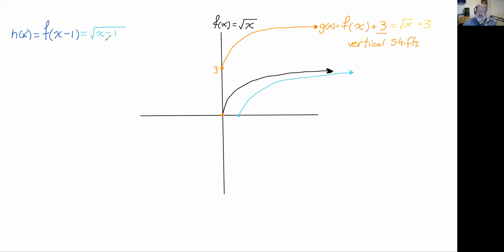However you want to think about it, we do have to remember that whatever's happening inside the function, before the function, is always happening backwards. But as long as it's an addition or subtraction, it is going to be one of these horizontal shifts. We do call these horizontal shifts.